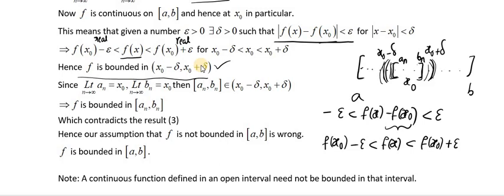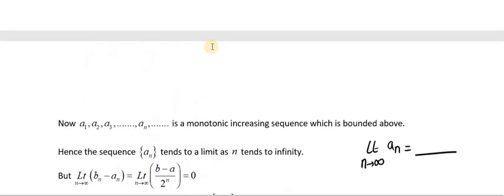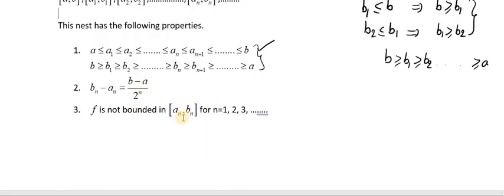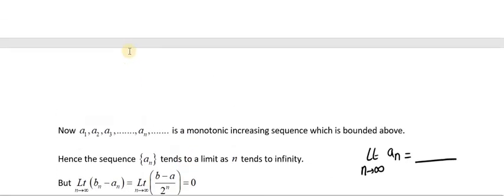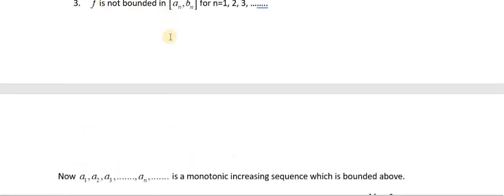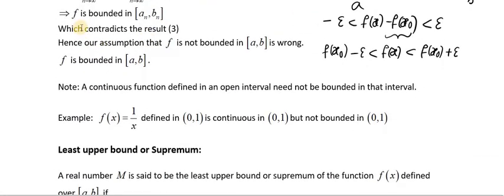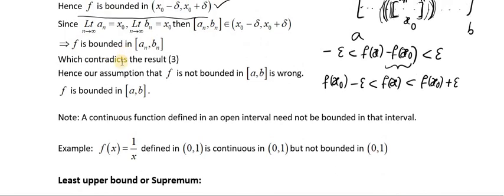This is a subset of this open interval. That's why f is bounded in this closed interval. But this is a contradiction to our third concept. Here what we wrote, f is not bounded, but what we get, f is bounded. That's why it contradicts result 3.